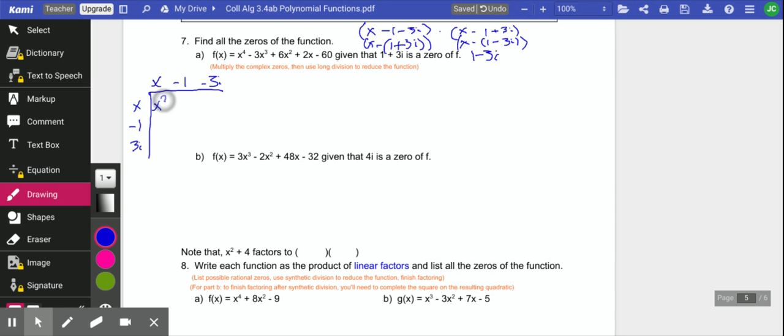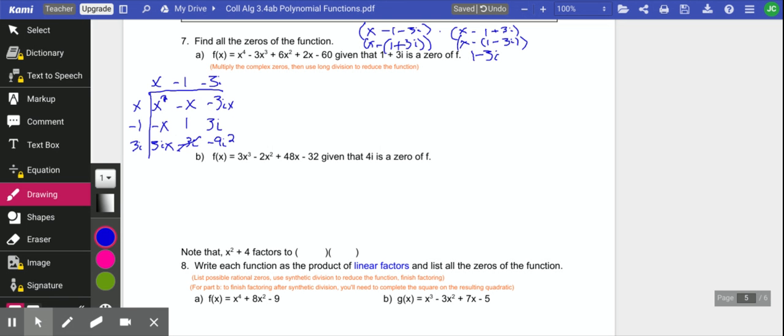So I get x squared, negative x, negative 3ix. Then I get negative x, positive 1, positive 3i. Then 3ix, negative 3i, and negative 9i squared.